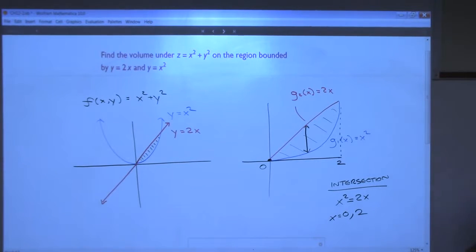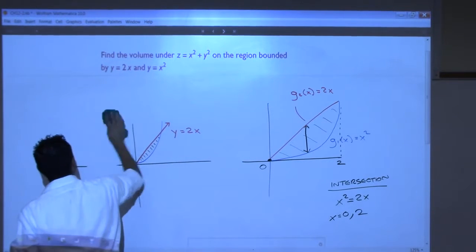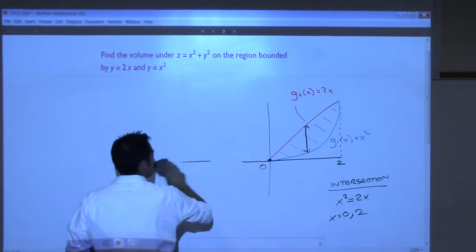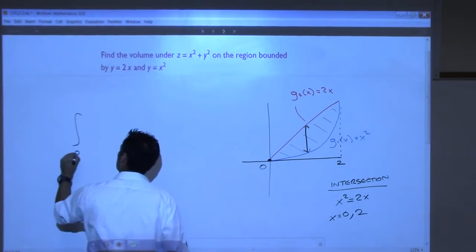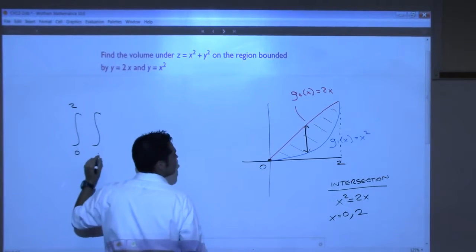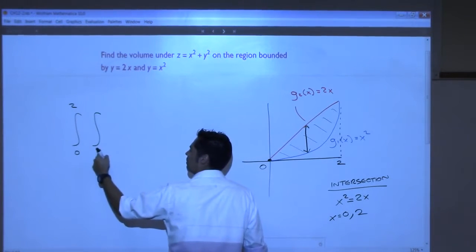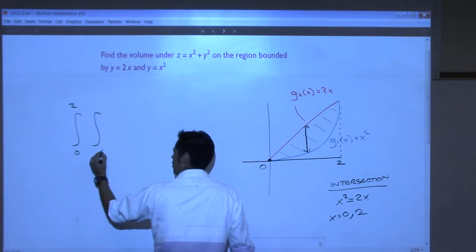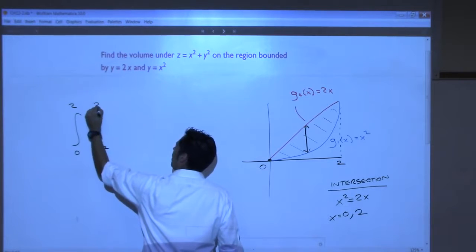Yeah? All right, for this one, I'm just going to set the integral up. I don't think I'm actually going to do any of it, unless you want me to. I'll take a vote. What's the bottom limit of integration here? It's g1, so x squared, and then 2x.